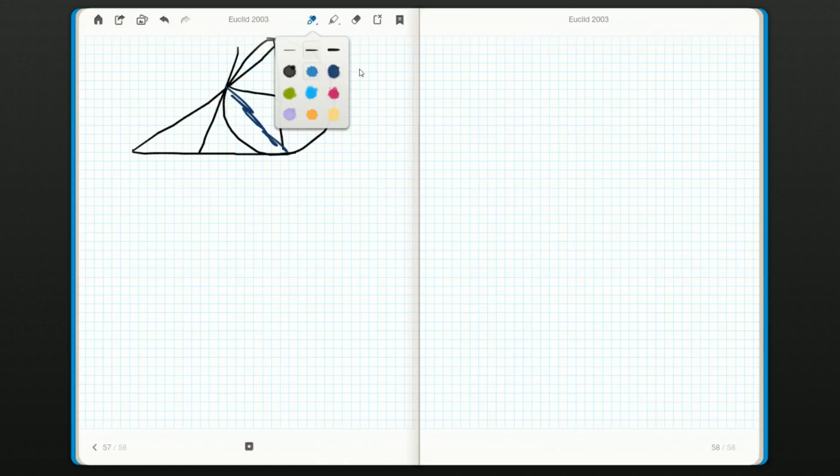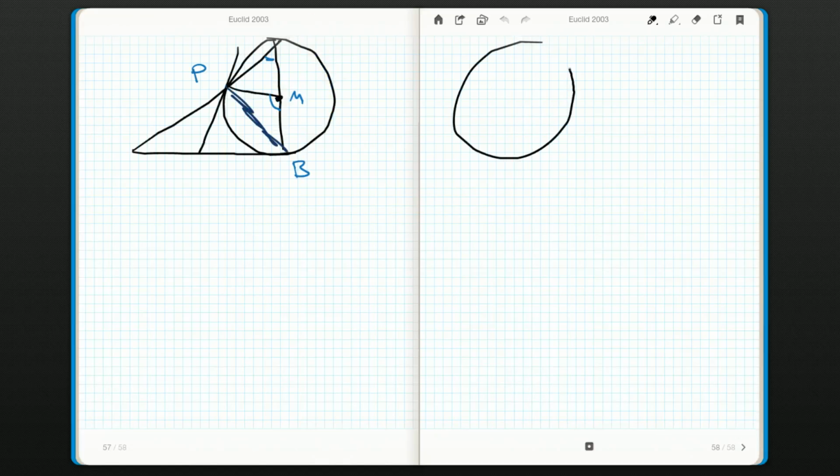So whatever angle is up here, subtending PB, double its angle will appear subtended by the center. And this is what's known as the Star Trek theorem. Because if we have our chord subtended by this point and this point, we got a dot here, we got two dots here, but it looks like sort of the Star Trek communicator pin badge. Okay, so that's why it's called the Star Trek theorem.